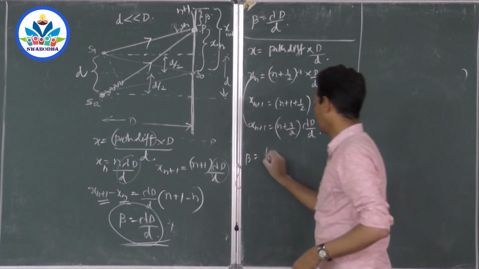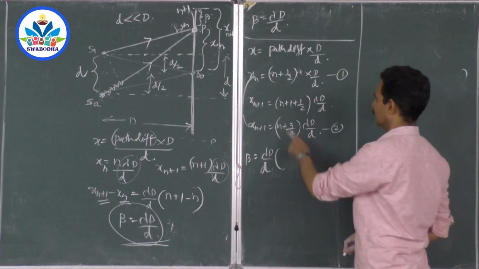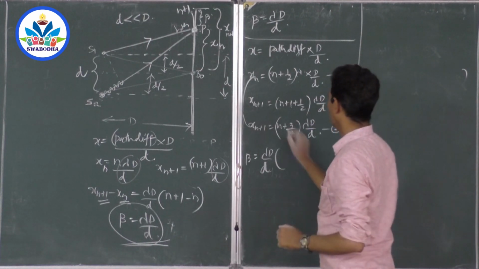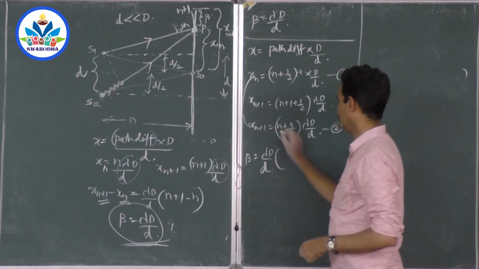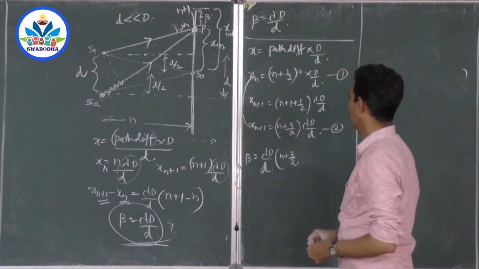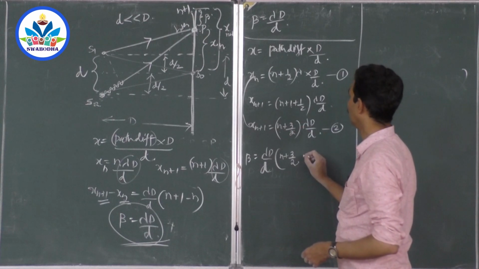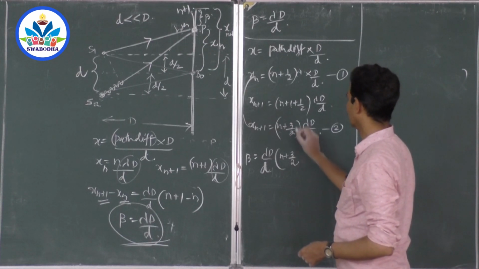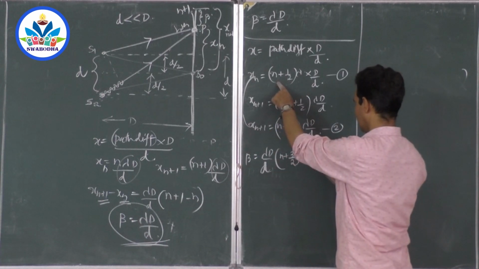So shall I write lambda D by d first, and remaining, n plus 3 by 2 minus n minus half.